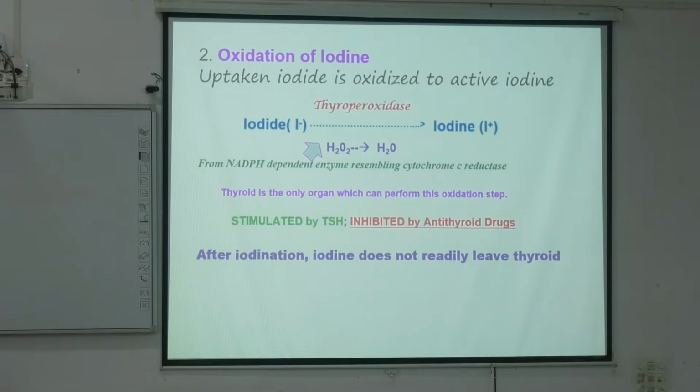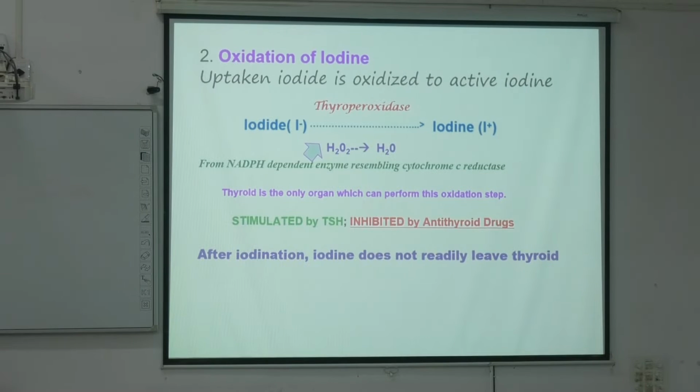Once this iodine is taken up by thyroglobulin, it cannot come out of the thyroid so easily. The basic purpose is to store the iodine taken along with the diet as a reserve. So thyroglobulin colloid in the thyroid acts as a large reservoir of thyroid precursors.